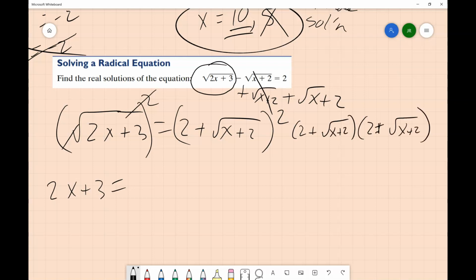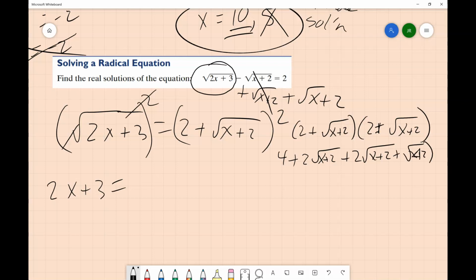All right, let's go through those steps. 2 times 2 is 4. Plus 2 times the square root of x plus 2 is 2 square root x plus 2. Square root of x plus 2 times 2 is, again, 2 square root of x plus 2. And the square root of x plus 2 times the square root of x plus 2 is the square root of x plus 2.